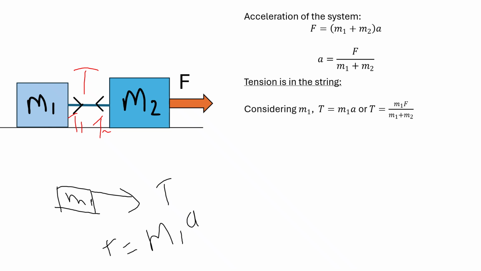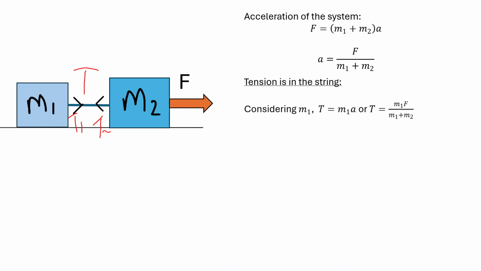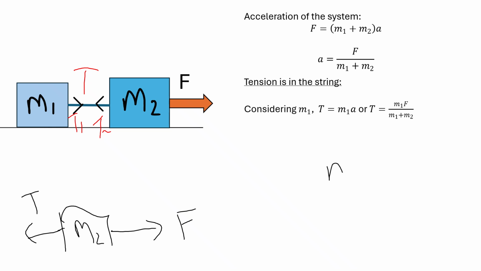Now, what if we consider M2? For M2, there are two forces acting on it, looking at this diagram. The tension tends to pull it back, and there's this force. So the acceleration of the M2 object, which is the acceleration of the system, times the mass of M2 will be the net force acting on it.